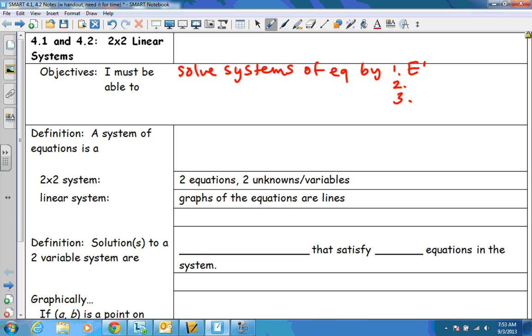Elimination, substitution, graphing. Boom. And then we're also going to classify the systems of equations.